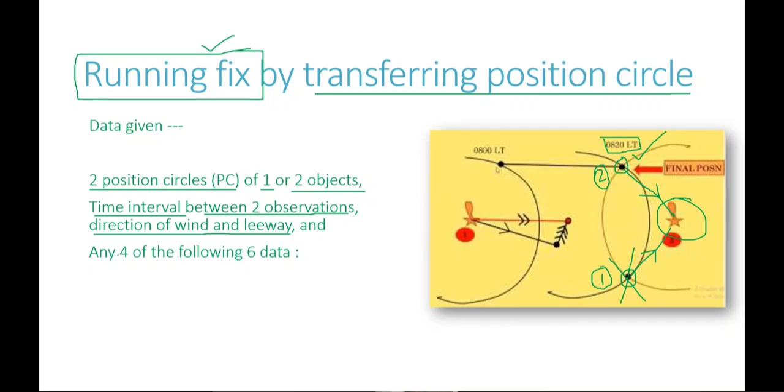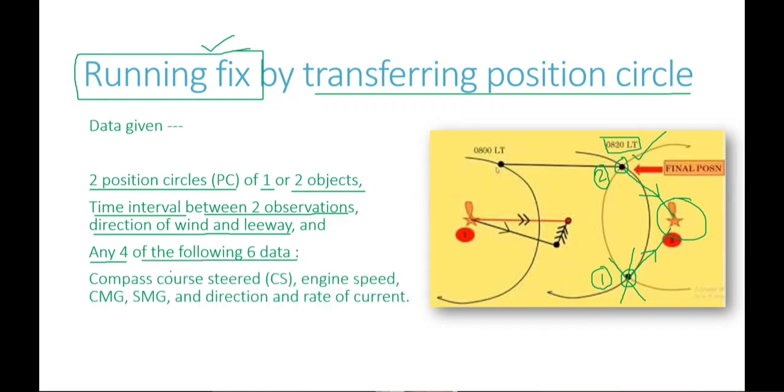Now, along with the current data, they will give us either the CMG or the CTS. You will see any four of the following six data is given to us. What are these six items? Compass course steered, engine speed, course made good, speed made good, and direction and rate of the current. So you see these are total six items.